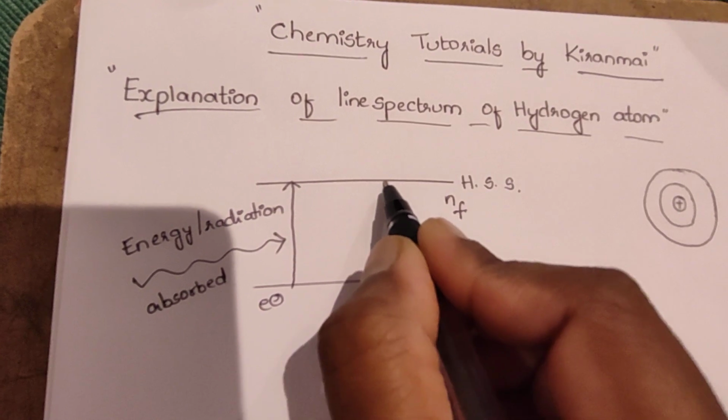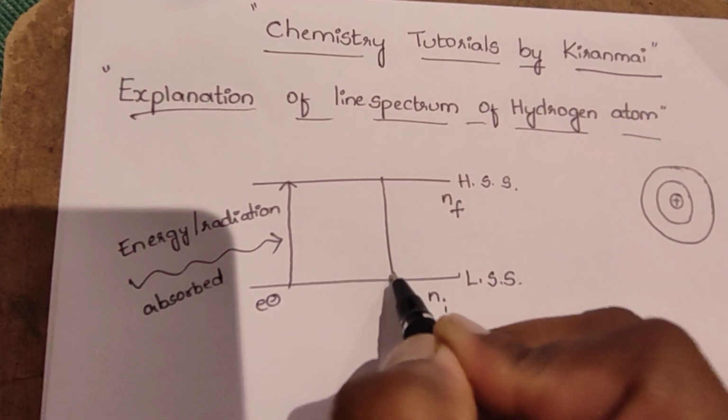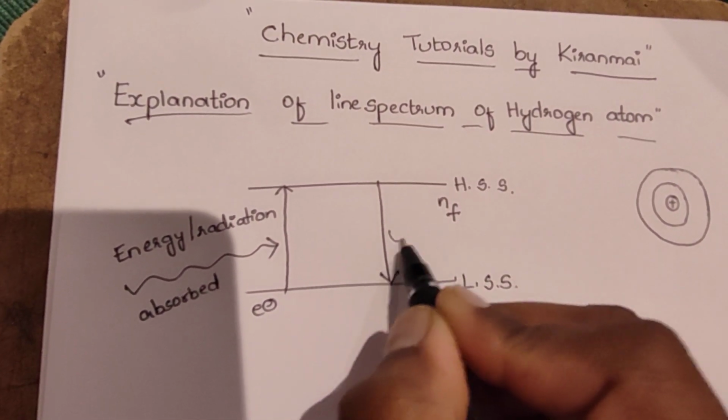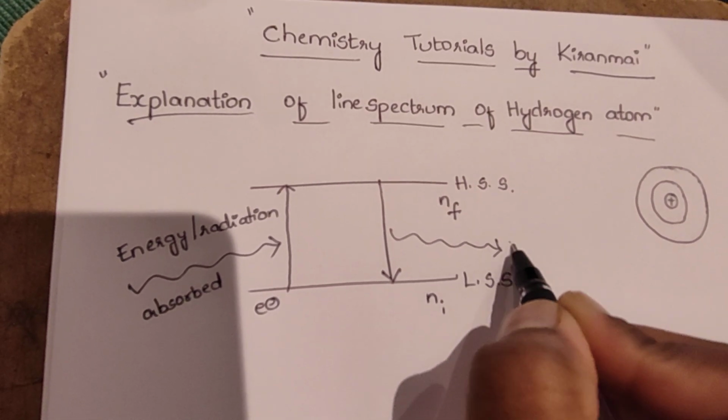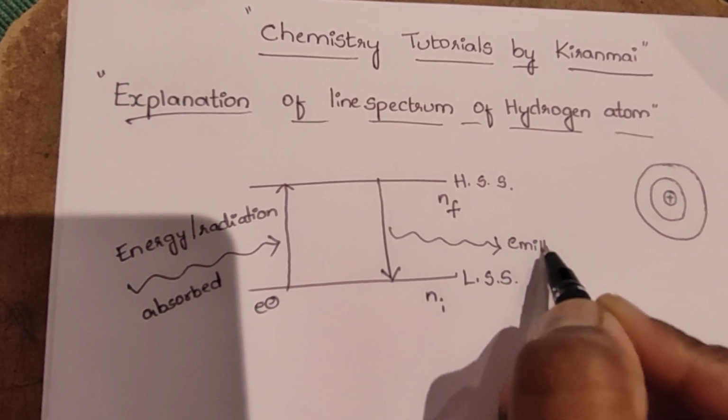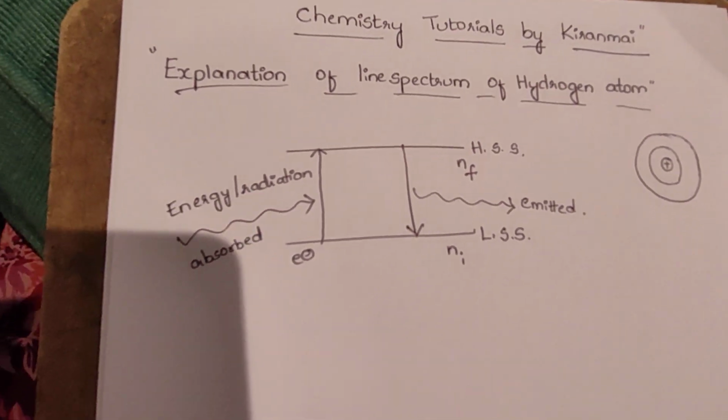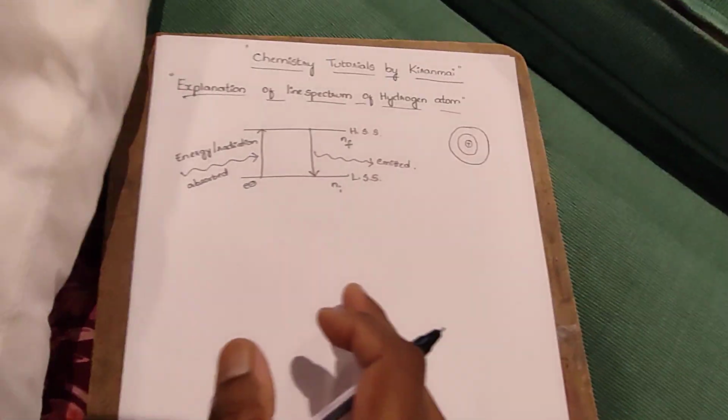If electron moves from higher stationary state to lower stationary state, energy or radiation is emitted. This is the second postulate given by Bohr.